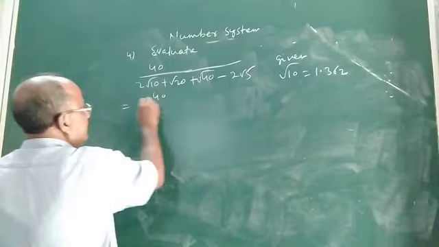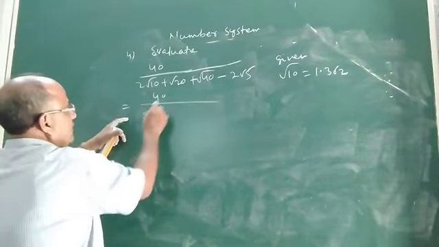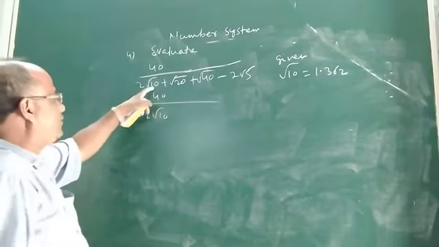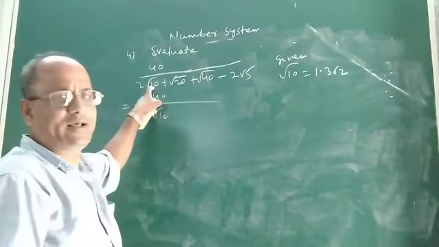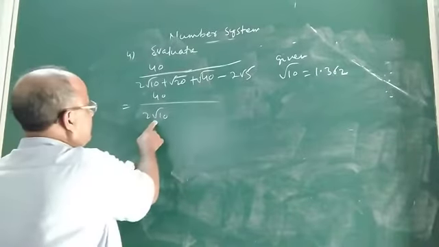Now this is 40. You see, 2 root 10, look at. Then this is your root 10. The value of root 10 is already given, so we can easily put it here.